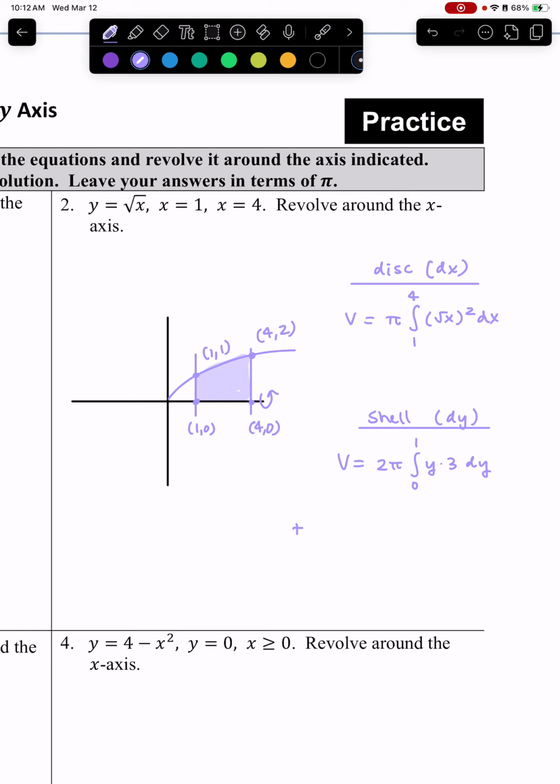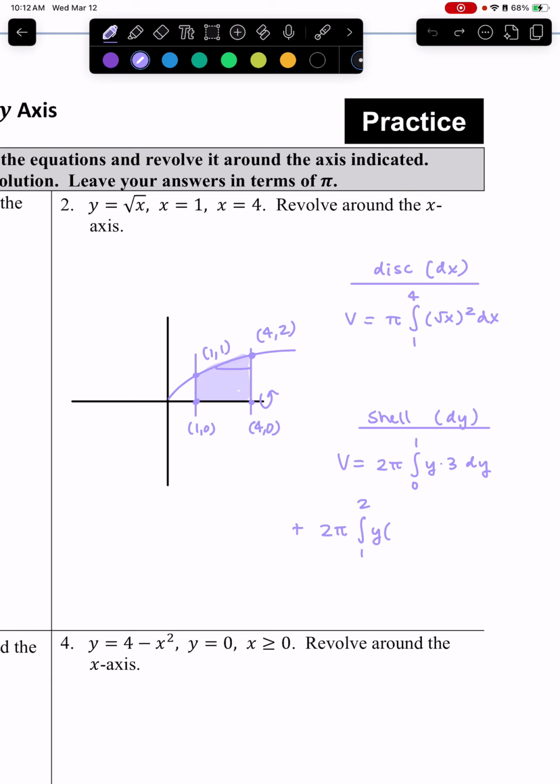Then we're going to have another integral. Our shell method is still going to be 2 pi r h. This time we're going to go from 1 to 2. Our radius is still going to be y, but this time the height of our function varies with x.